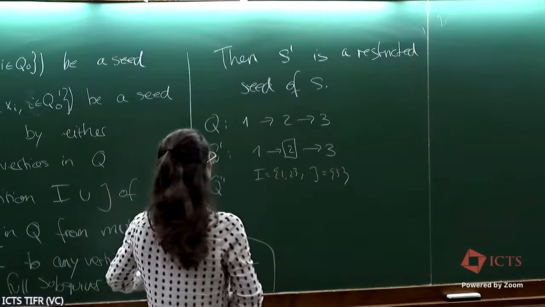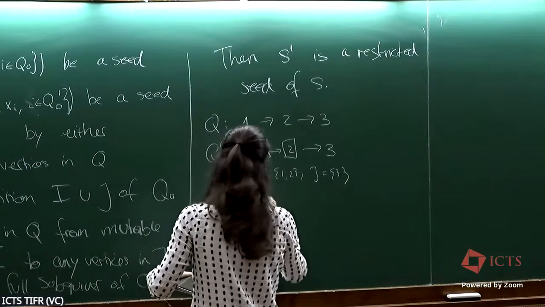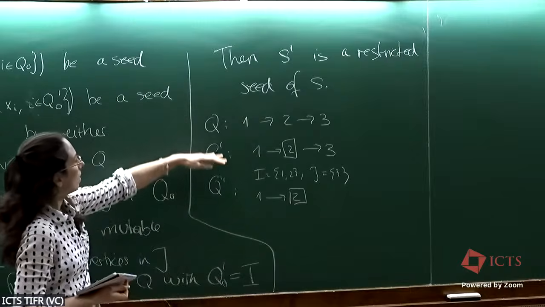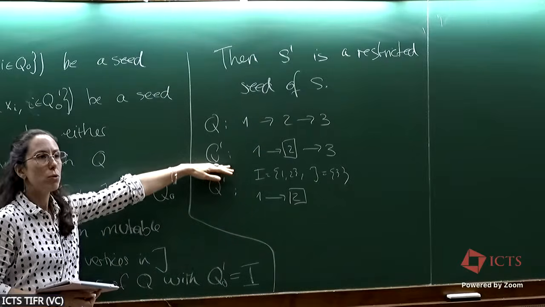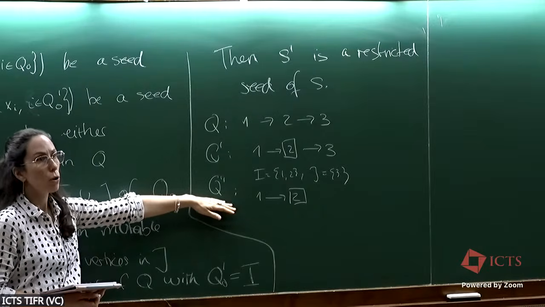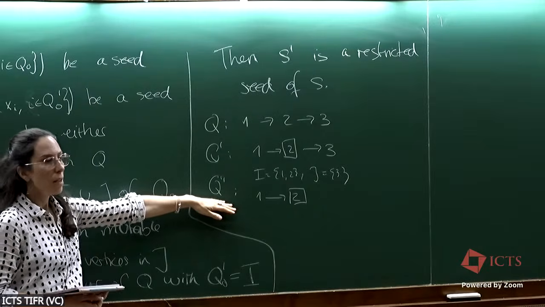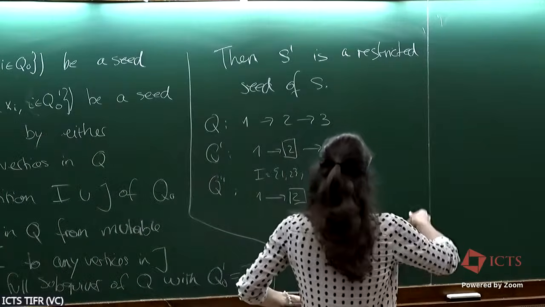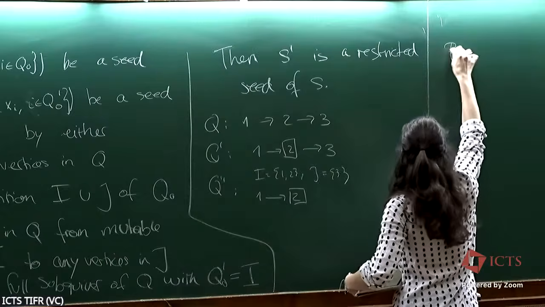So Q double prime could be just 1, 2. And again, if I attach variables to Q prime and keep the same variables for Q double prime, then this is also a restricted seed. And this notion is interesting because of the following proposition.